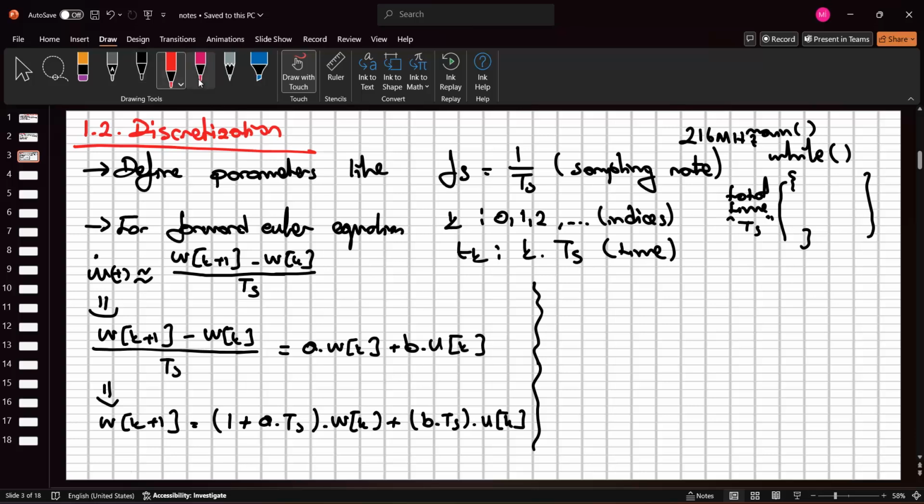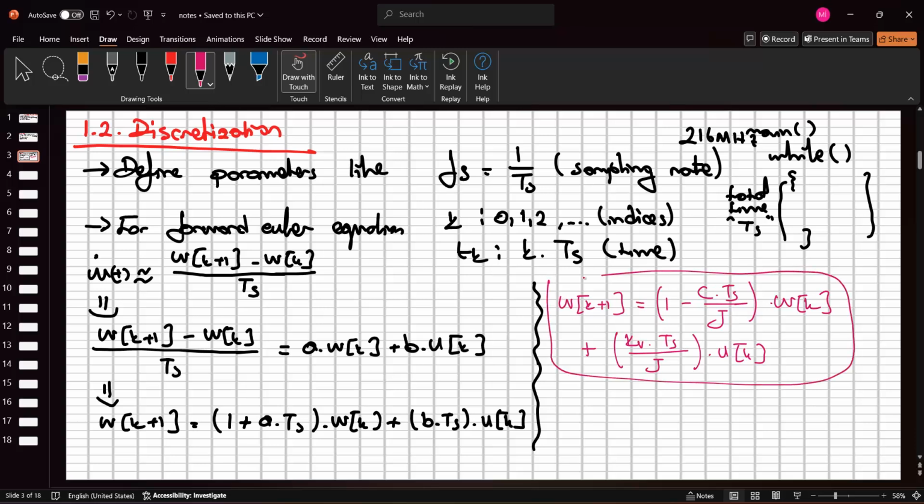Okay, and so in a simple way our total equation is w(k+1) equal to (1 minus C Ts divided by J) times w(k) plus Kv Ts divided by J times u(k). I'm just putting the A and B into C divided by J and Kv divided by J. Okay, I remove A and B and use the main system parameters here.